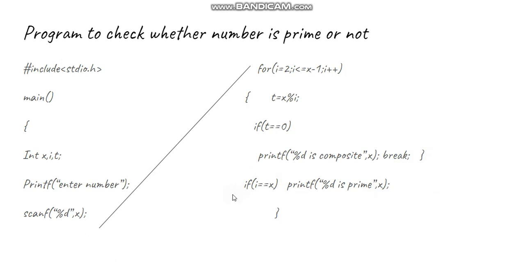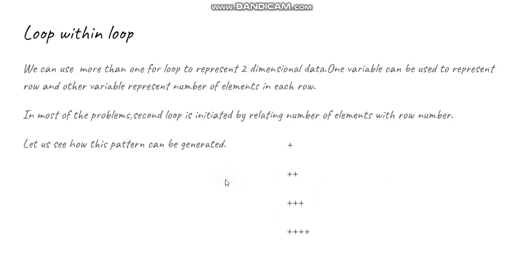Then if we want to print that this number is prime, this check has to be repeated again and again. Finally, if the value of i becomes x, then we can say the number is prime. If we are not writing this, what will happen? It will execute both of these statements. So this is a very important statement that we have to write.